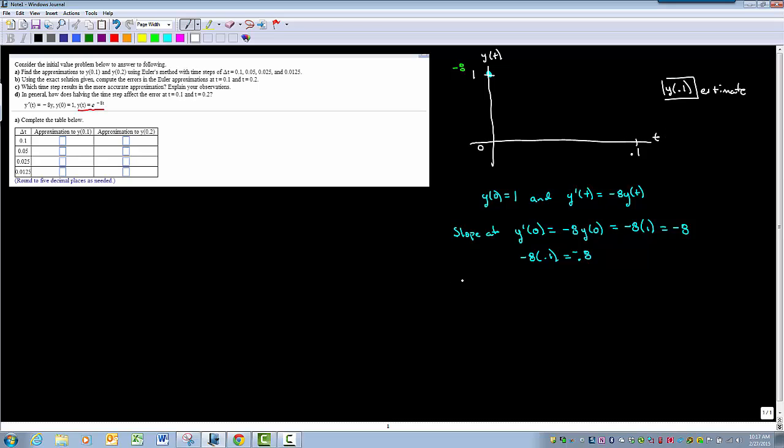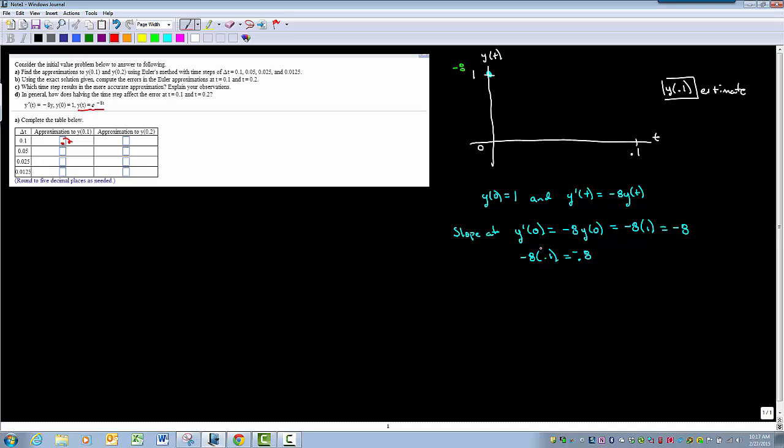Oh no, I didn't write it down. Our first estimate, I'll put it up here. Our first estimate is if we change t just by 0.1 and we're only going out to 0.1, then our estimate was 0.2, just like that.